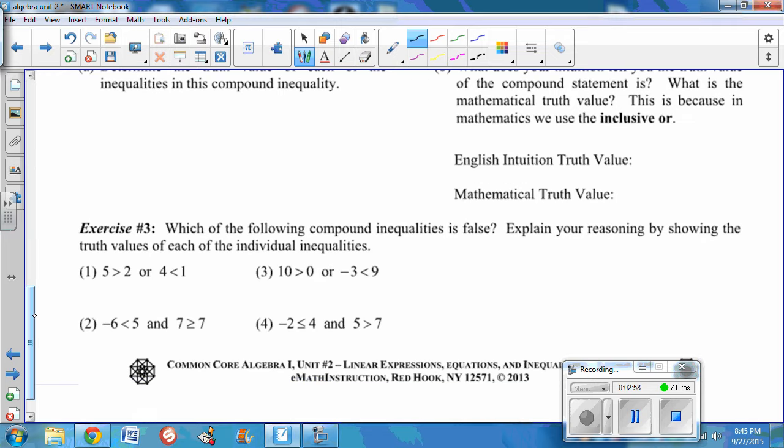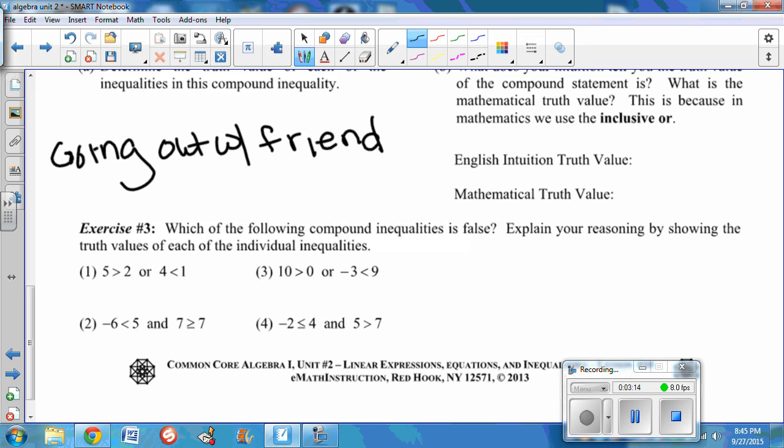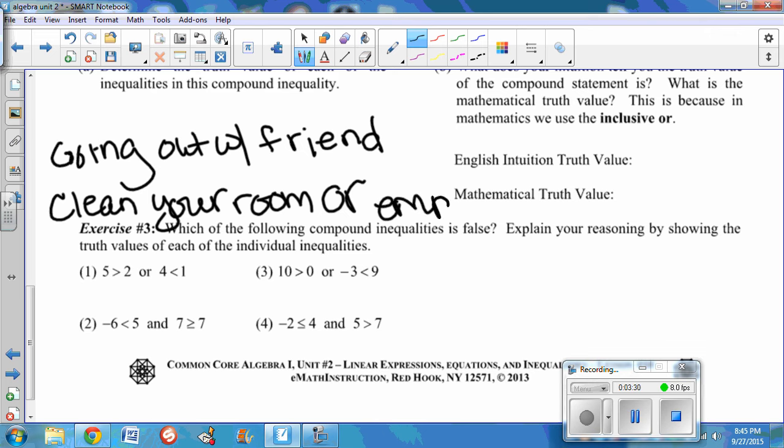So I always try to come to this example. If you and your parents are having a conversation about going out with a friend, and your mom says, in order to go out with your friend, you must clean your room or empty the dishwasher.